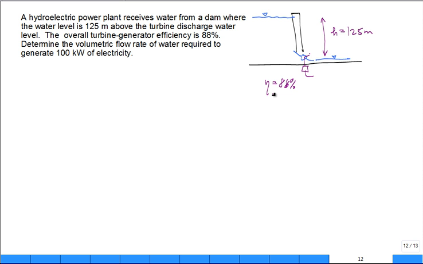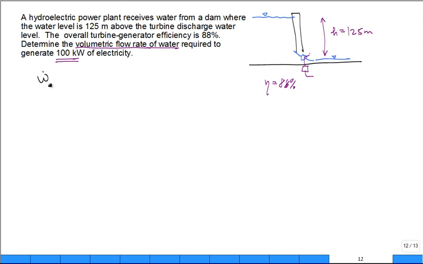So you go from fluid power, to mechanical rotating shaft power, to electric power. The overall conversion is 88% efficiency. Determine the volumetric flow rate of water required to generate 100 kilowatts of electricity.